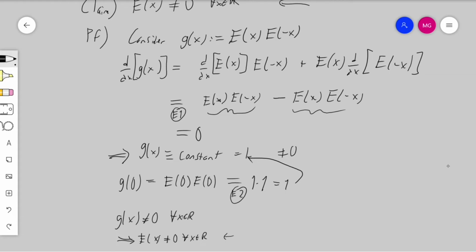But of course, that never happens. It's constantly equal to 1. So this is the result that we wanted to prove. This was the initial claim that e of x is never 0.